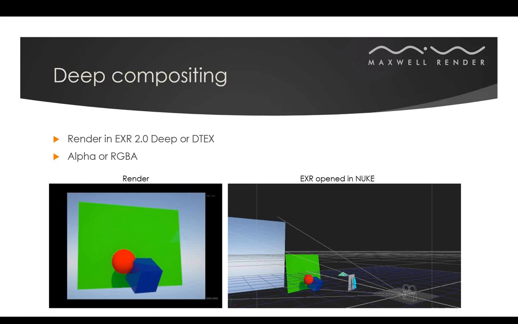This is really interesting for you new guys, but they're probably going to add support for this in After Effects as well. For now, these so-called deep files are only supported in Nuke, but it's a really cool feature because it allows you to have depth information in your renders, which allows you to composite your scene with this depth information, making it much easier to composite scenes.